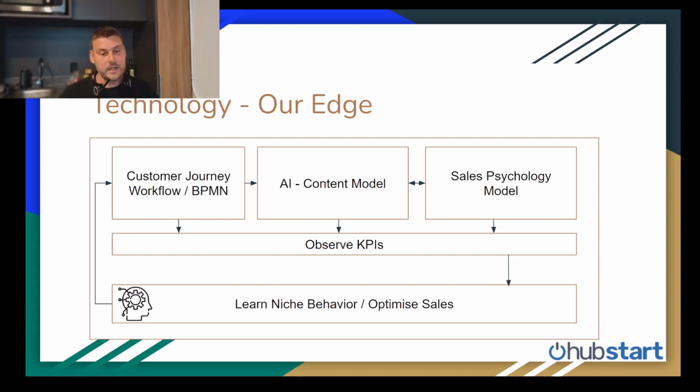So the idea is, when we have the optimization, we need to say what is important to the company and its overall long-term vision to be able to optimize around. And then obviously, once we have the strategy, the information, the observed KPIs, now we're going to optimize the sales.